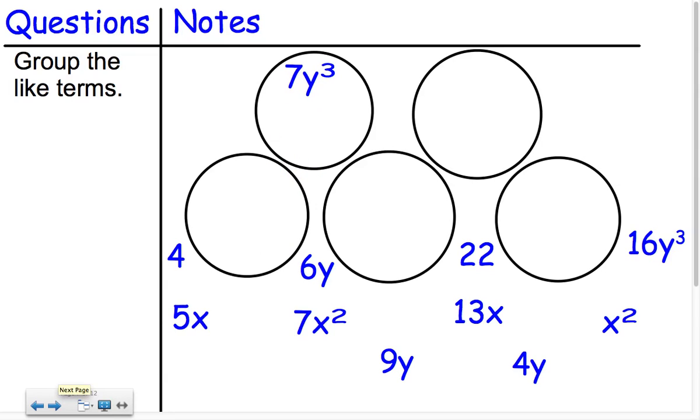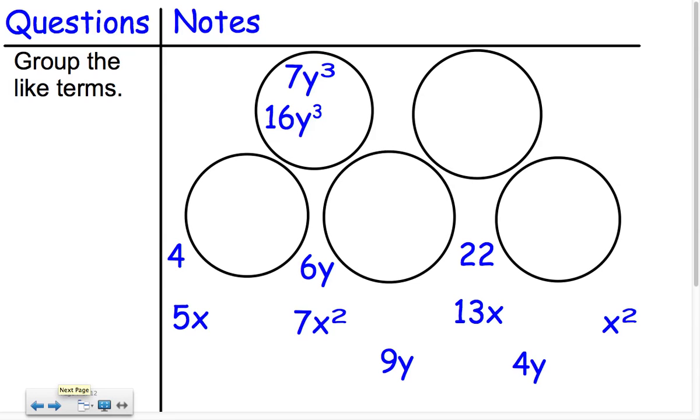If you remember the definition, terms are alike if they have the same variable, or the same variable and exponent. So with 7y to the third power, we have to find another term that also has y to the third power. So 16y to the third would work, and it looks like that's our only y cubed term.